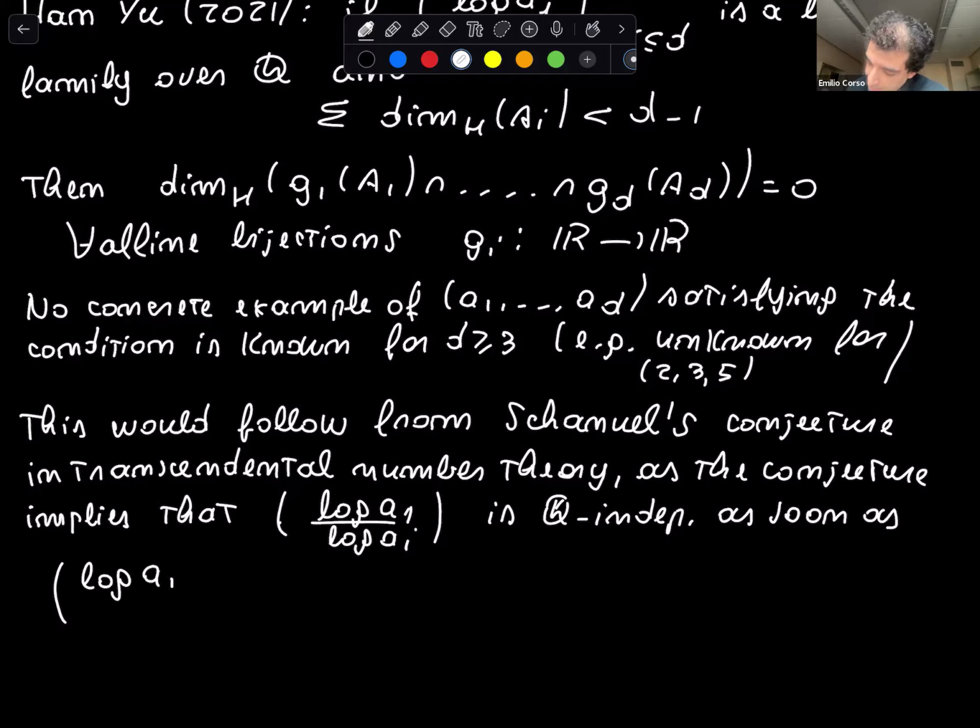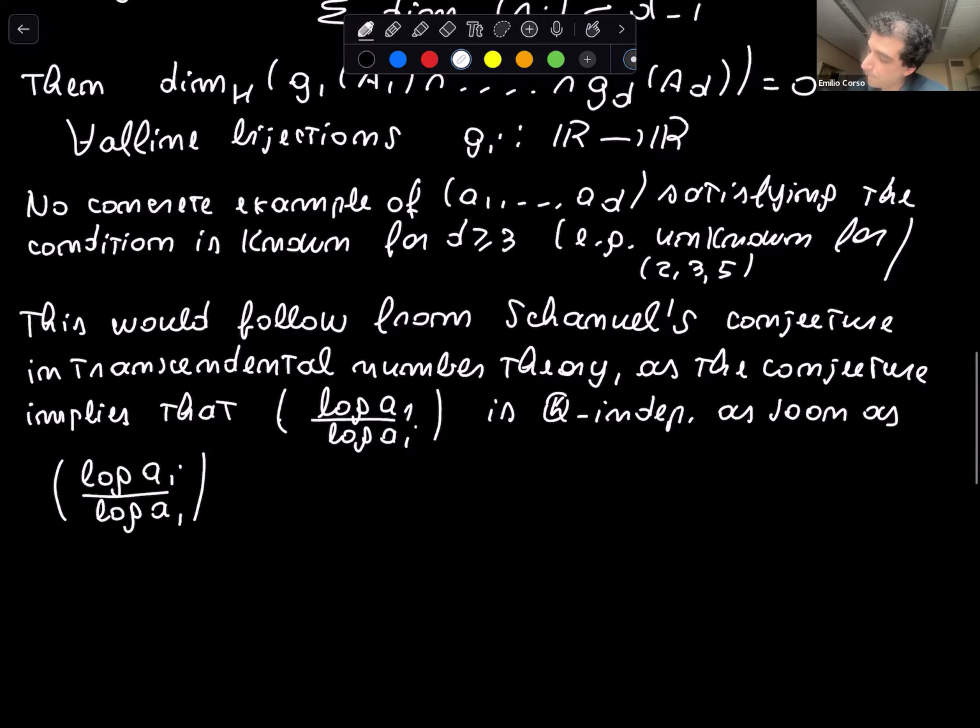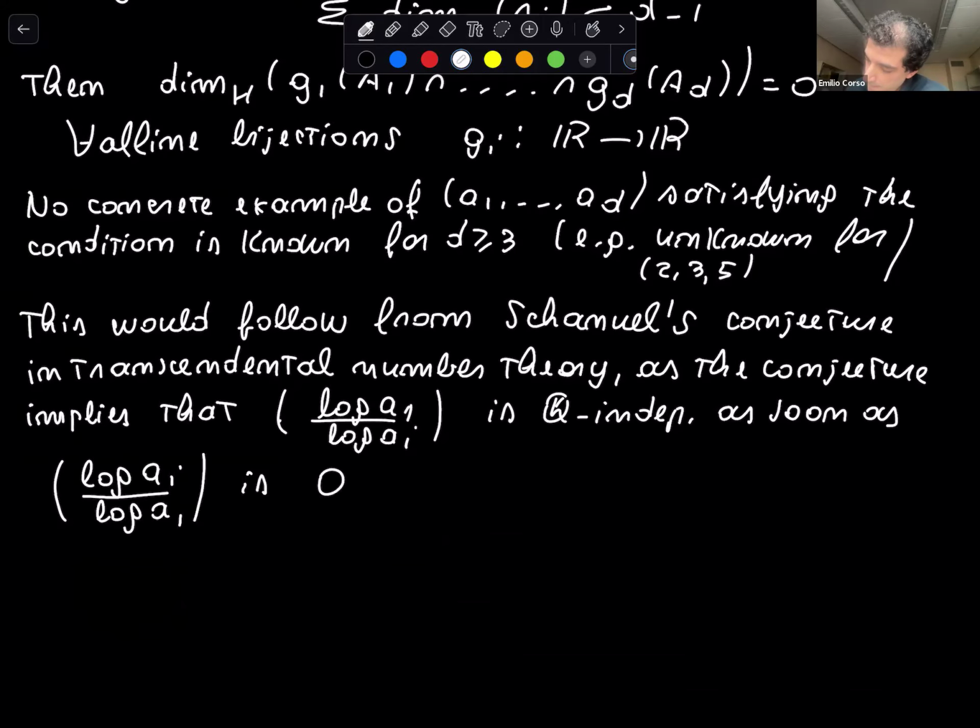Log AI divided by log A1 is Q independent.